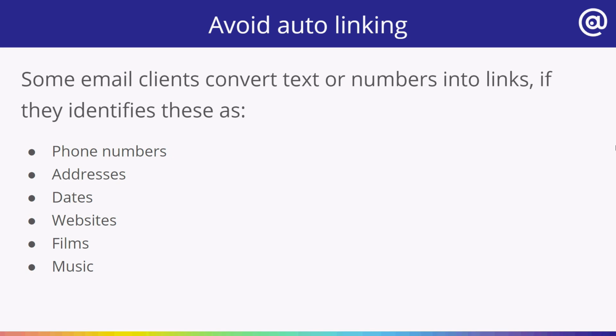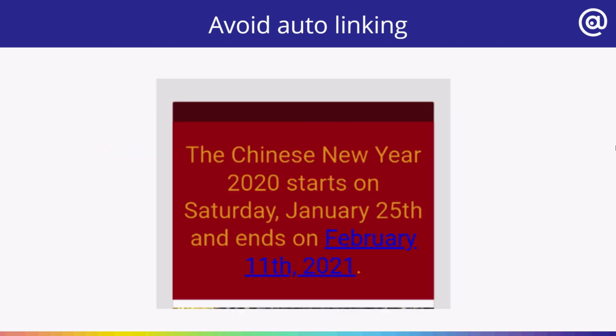And here's our last topic. That is a really tricky one. Avoid auto-linking. There is interesting and strange behavior in some email clients. They check your content, and any text or numbers that remind them of a phone number or address or date or something like that, they convert into a link, and it's going to look like this.